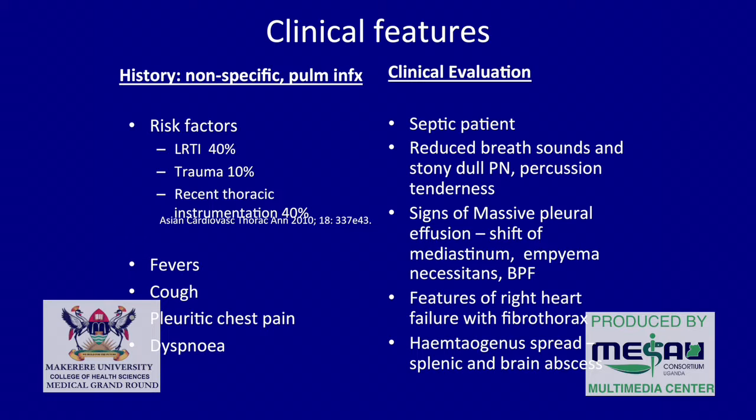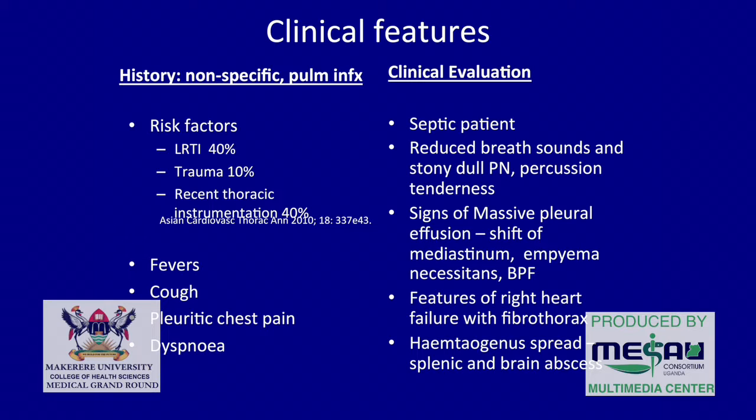And some patients may have features of bronchopleural fistula. So they have purulent sputum, copious amounts, fevers, finger clubbing, all those things. Patients may also present with features of right heart failure or poor pulmonary function, that is eventually in the disease where the fibrosis sets in.